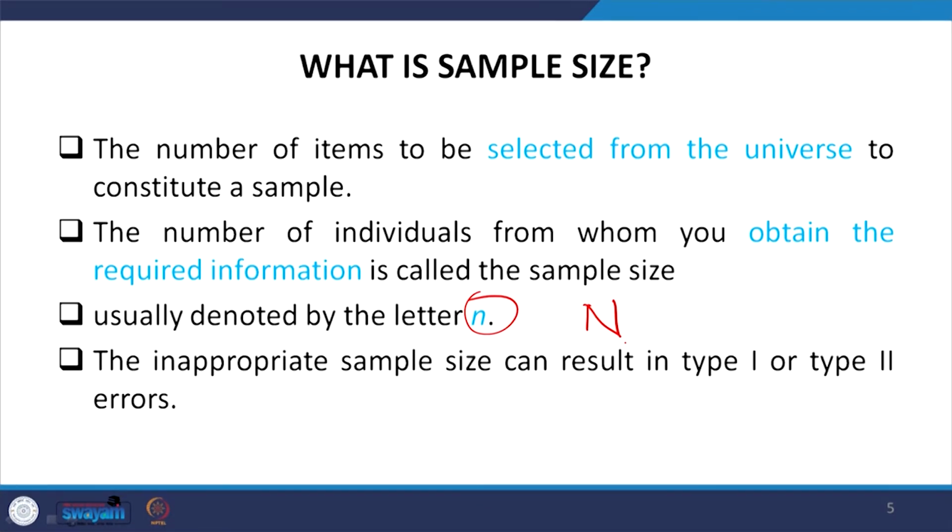If our sample result differs inappropriately from the population, our results might be misleading, and that can be presented with type 1 error and type 2 error. I think you know type 1 error and type 2 error. Sometimes we indicate them with alpha and beta notation for type 1 and type 2 error respectively.